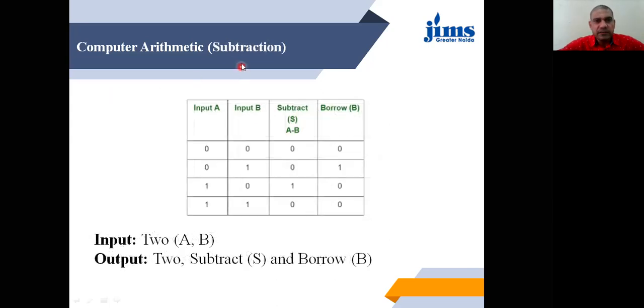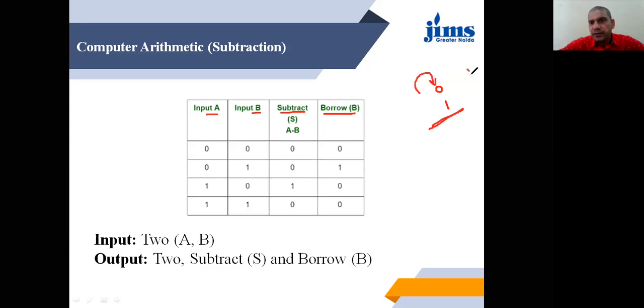So in subtraction, suppose there are also two inputs as we discussed in addition, input A and input B. This is the value of subtraction, and we know, as in decimal numbers, that if we are not able to subtract 1 from the above number, then we have to take a carry from the next bit.